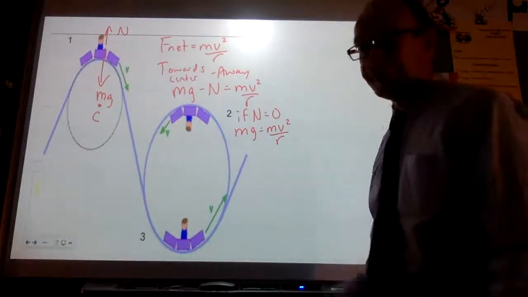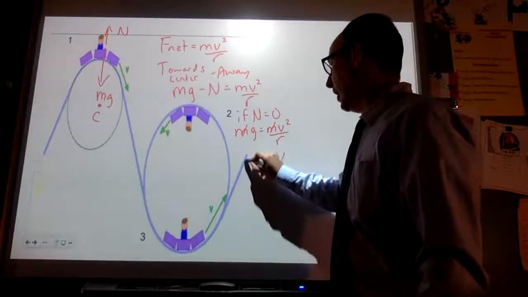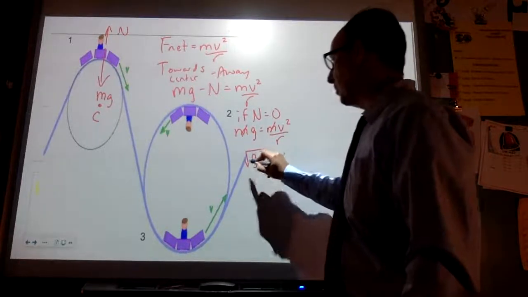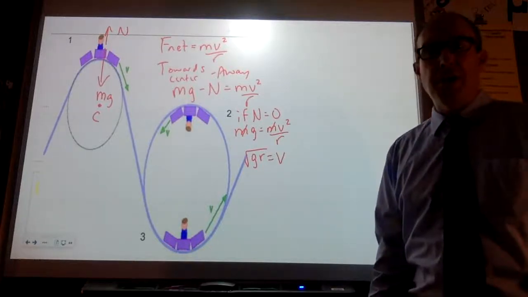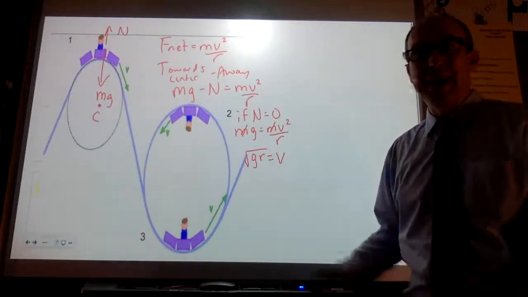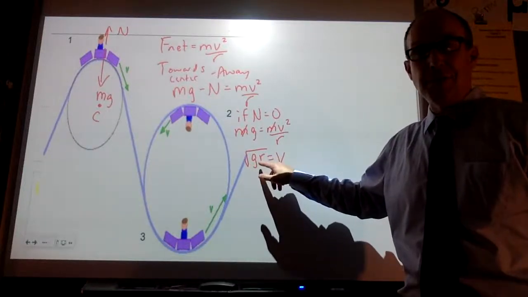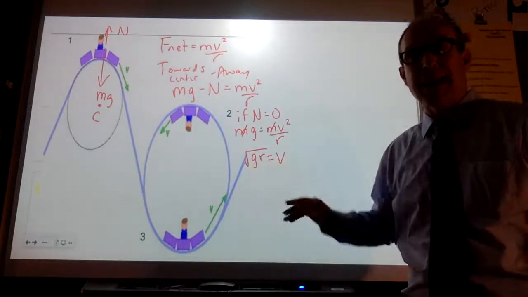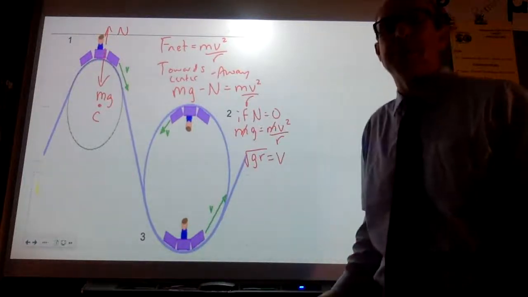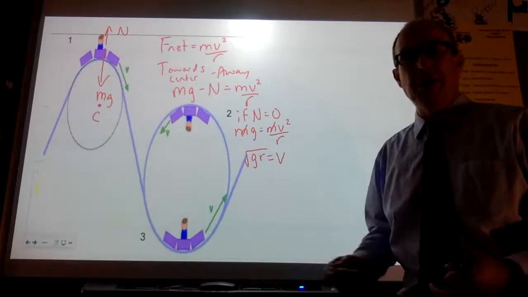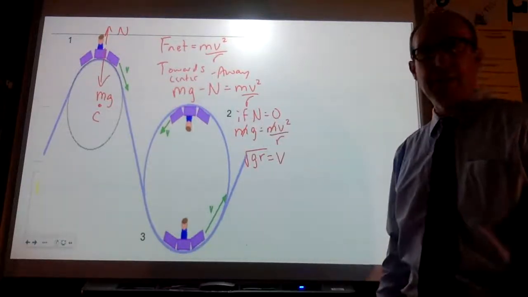The m's cancel. And our speed equals radical gr. So if you're an engineer, you can easily plug in your acceleration due to gravity and the radius of your circle, and you could find out exactly how fast you need that roller coaster to go over that thing so everybody lifts out of their seat. And the interesting part is, it doesn't matter how much they weigh because the mass cancels out.